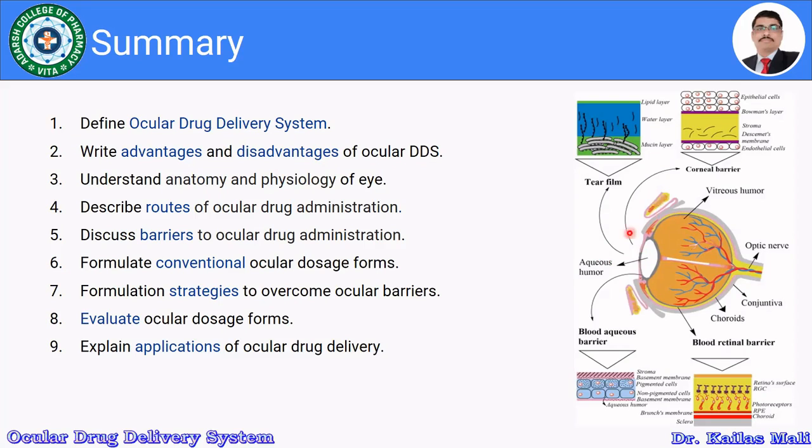We have discussed the barriers to ocular drug administration like tear film, corneal barrier, blood retinal barrier, and blood aqueous barrier. Then we have discussed the formulation of conventional ocular dosage forms and the formulation strategies to overcome the ocular barriers. And at last, we have discussed the evaluation of ocular dosage forms and the applications of ocular drug delivery system.